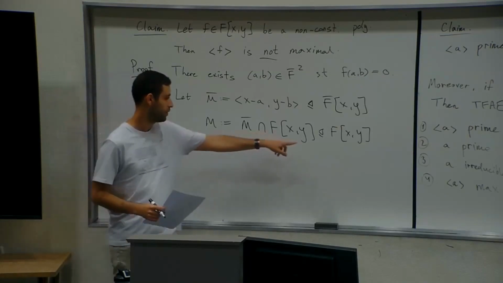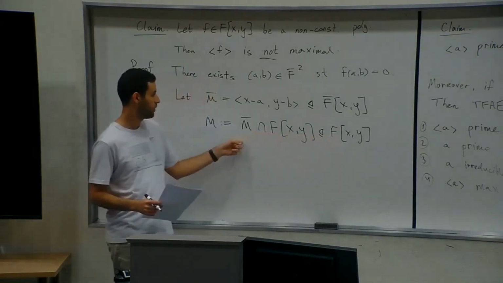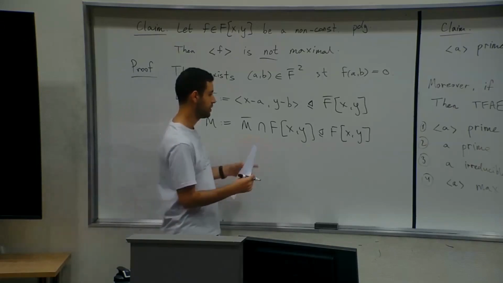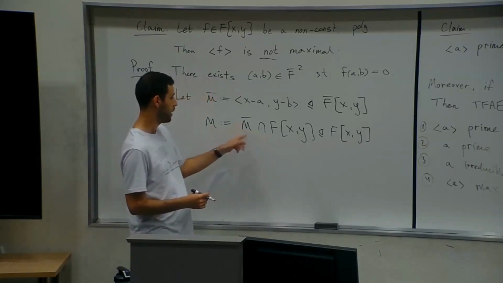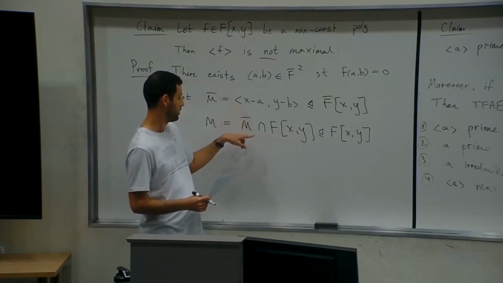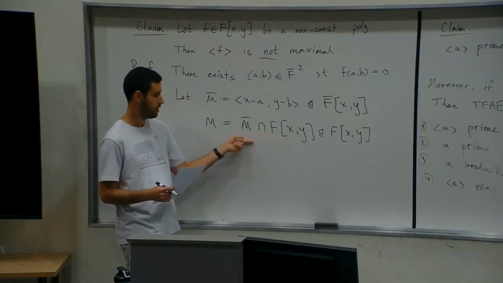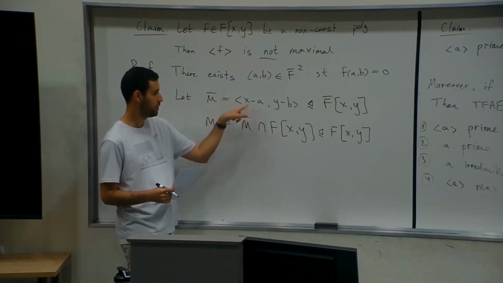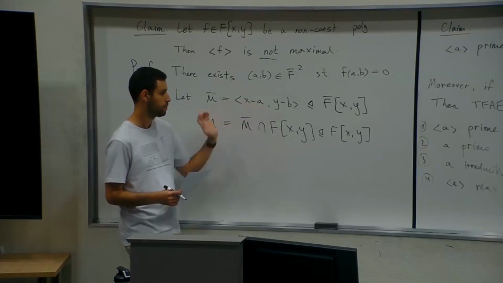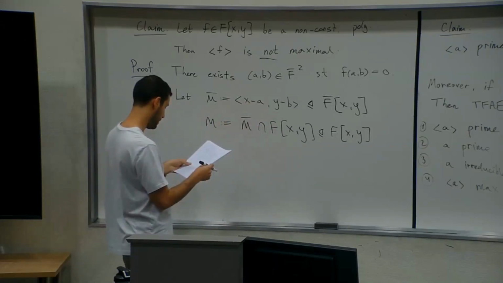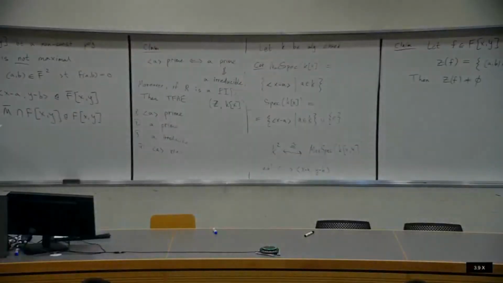And also, it's not the whole ring, so it's a proper ideal, because 1 does not belong to M bar, so 1 does not belong to M.